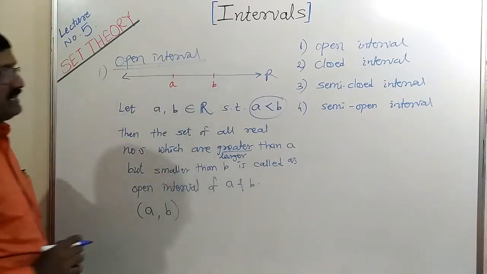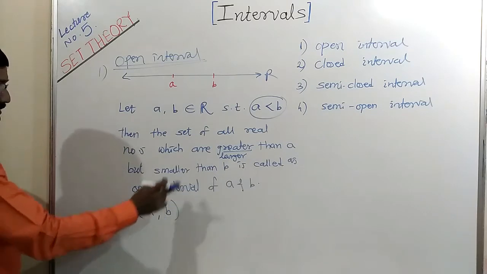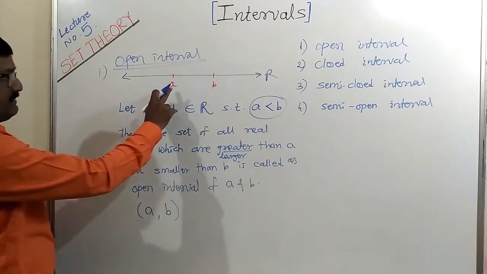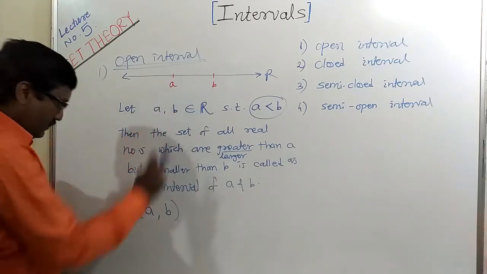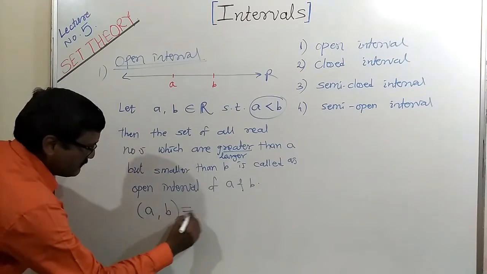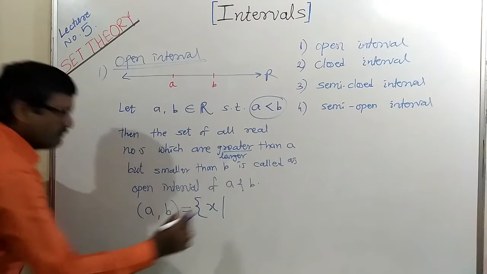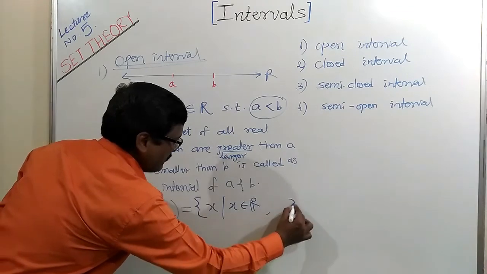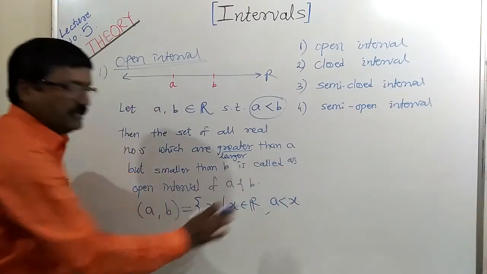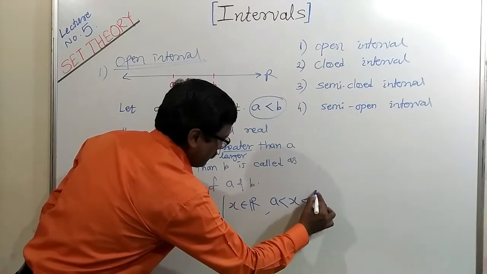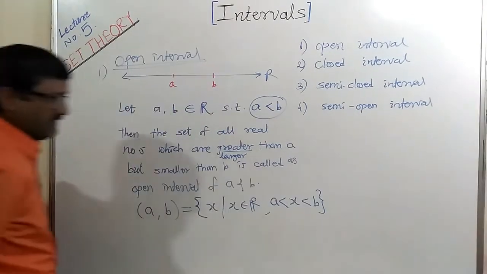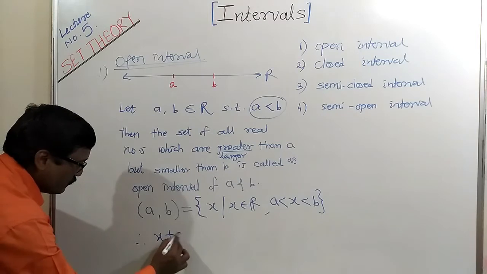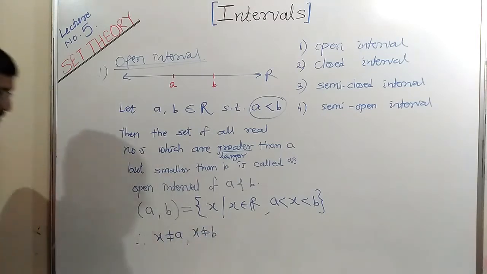Okay, so this open interval means here the real number is always greater than A but smaller than B. If a number is greater than A, obviously it is not equal to A. So open interval AB means it contains the elements or real numbers x, where x is a real number, and this x is greater than A, means it is not equal to A, and less than B. So x is greater than A, x is less than B. Therefore x is not equal to A and x is not equal to B. That is the conclusion.